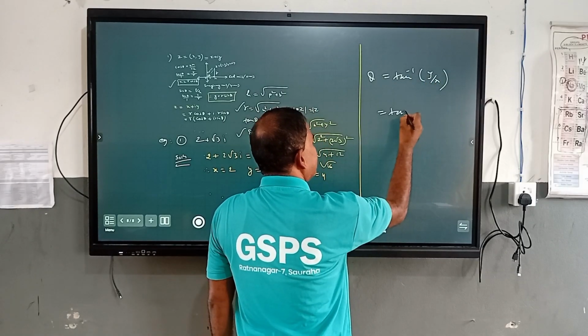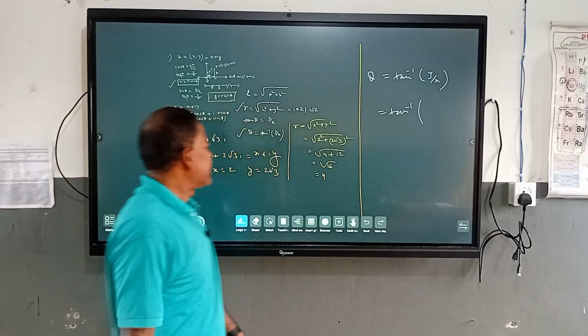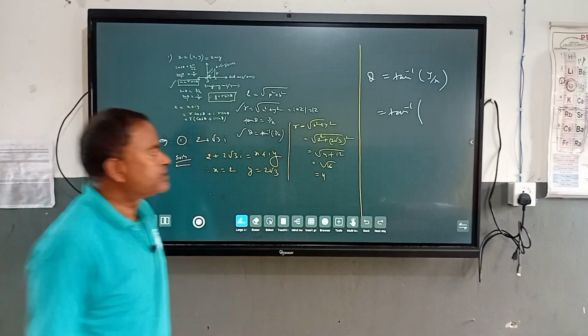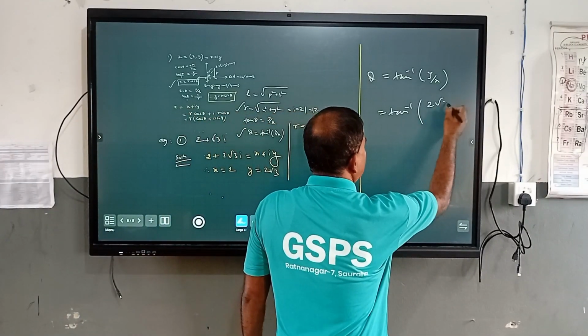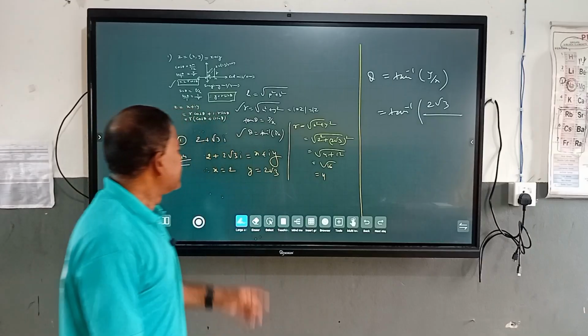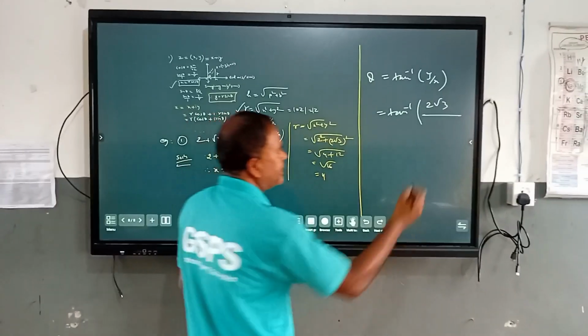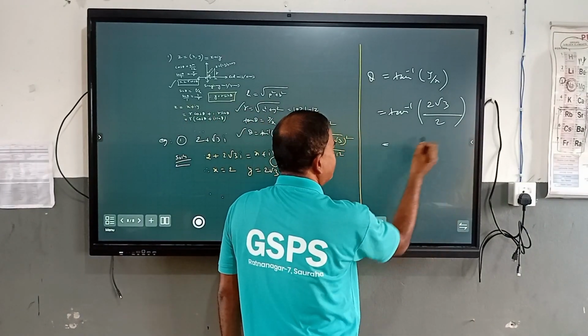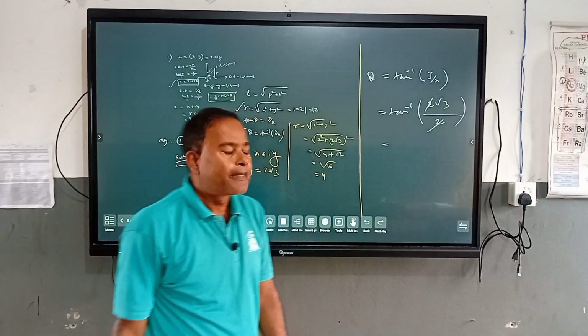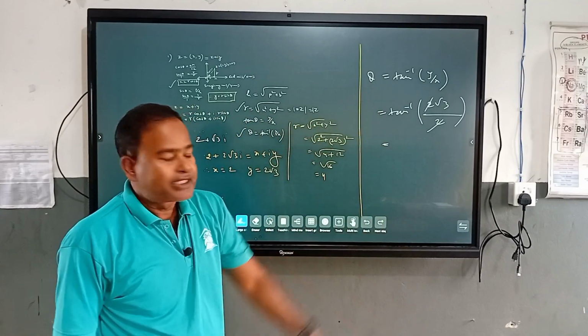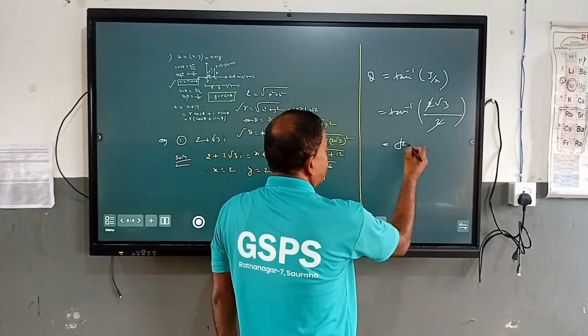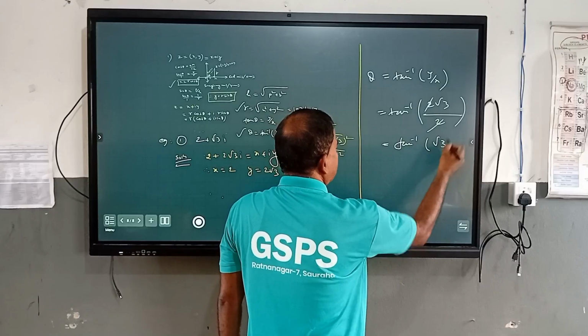So let's plug in the value of y, that means the imaginary part, which equals 2 root 3, over x. X equals 2. So after cancelling 2 from the upper part and lower part, we get tan inverse root 3.